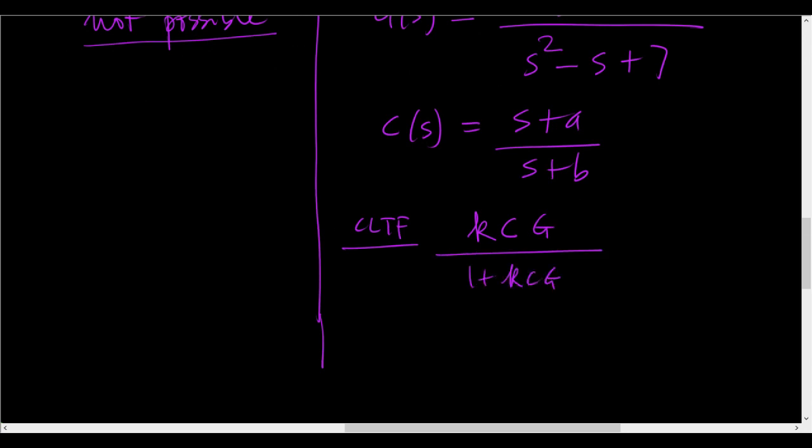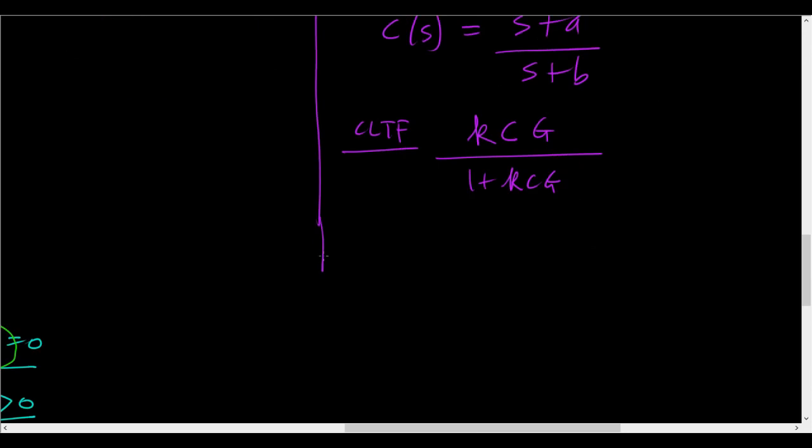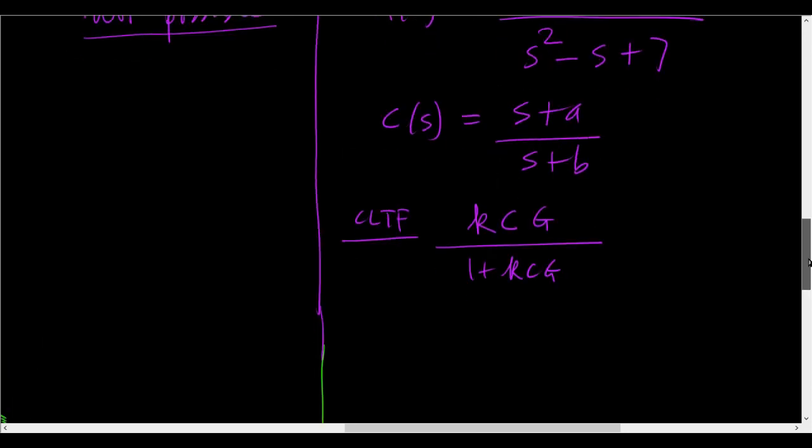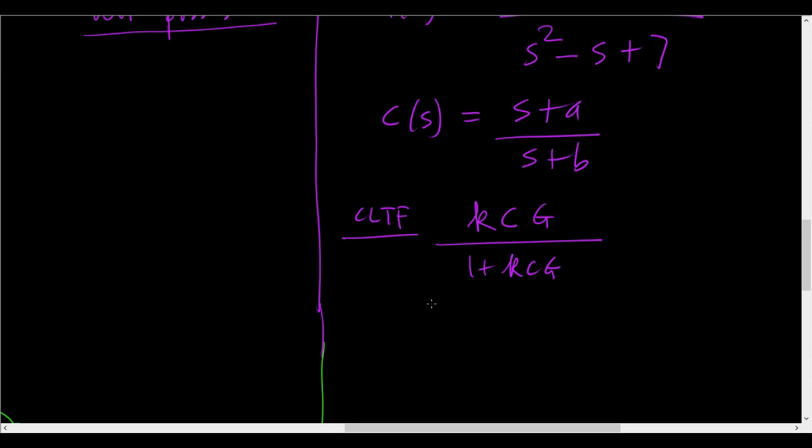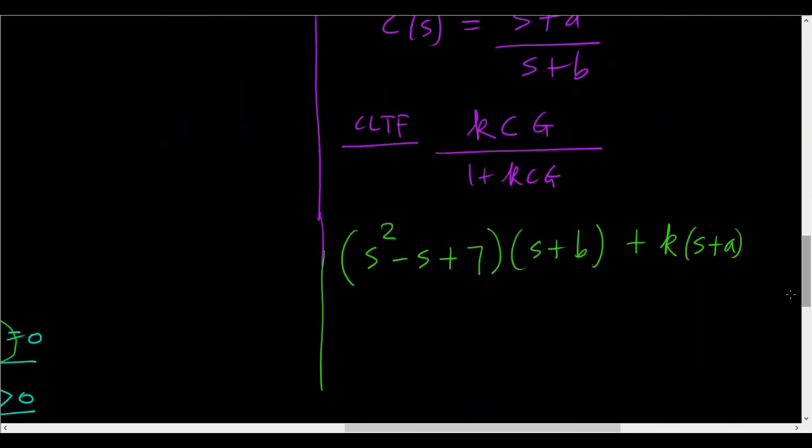And what that means is in the denominator I will have s square minus s plus 7 times s plus b plus k times s plus a times s minus 2. I hope that is clear.